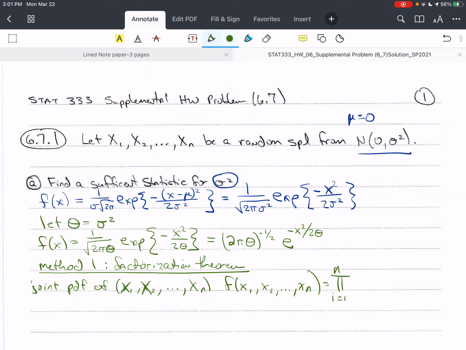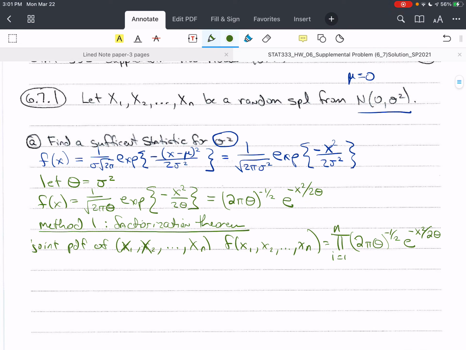It's not too messy. So this will be 2 pi theta to the negative 1/2 e to the negative x squared over 2 theta. In fact, what I need to do is make sure that I put an x sub i, so that it's minus x sub i quantity squared over 2 theta. That way, if we use the index i, then it's clear that everything without the index doesn't depend on it. So it's just a constant.